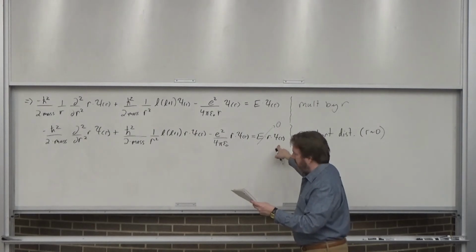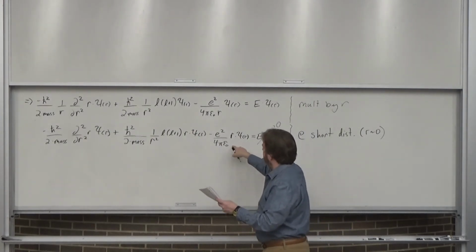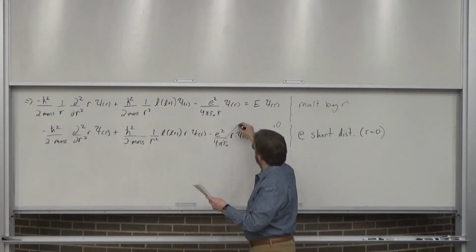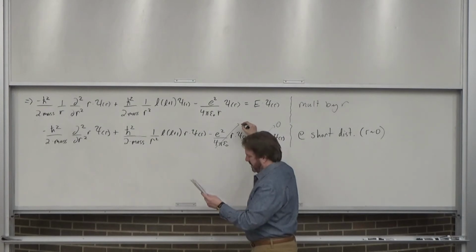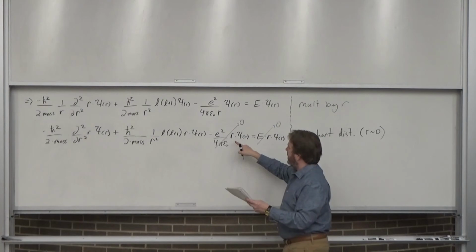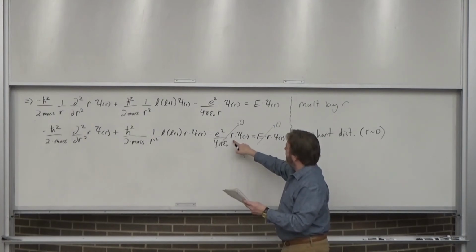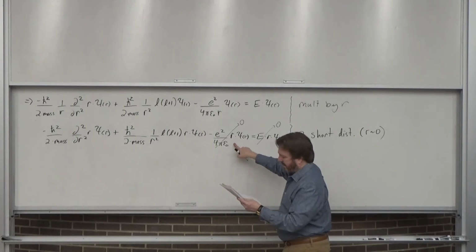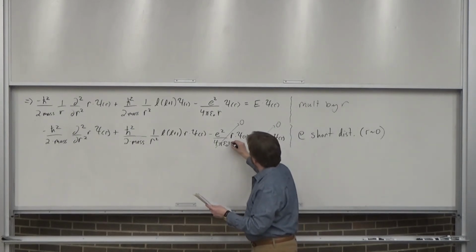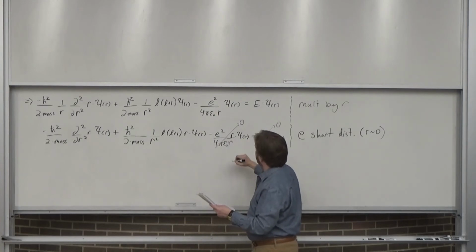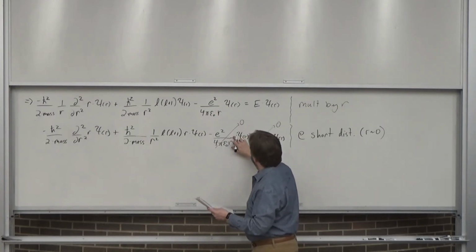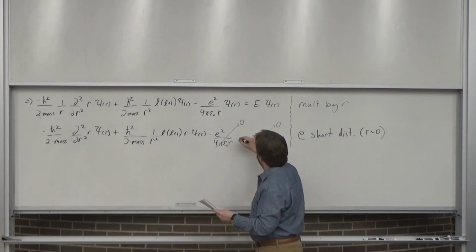We're also going to eliminate this, for the same reason. Oh, wait a minute, have I messed this up? No, I just left an r at the bottom, sorry. That looks bad, doesn't it? Sorry, I messed that up.